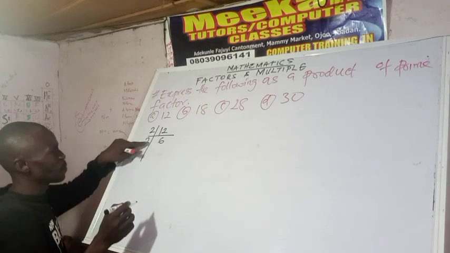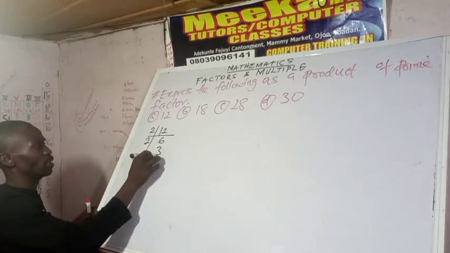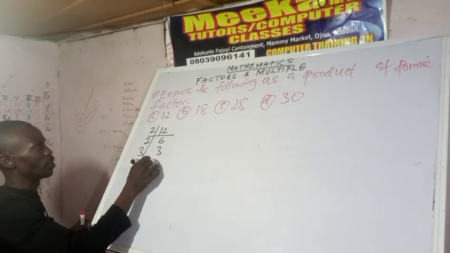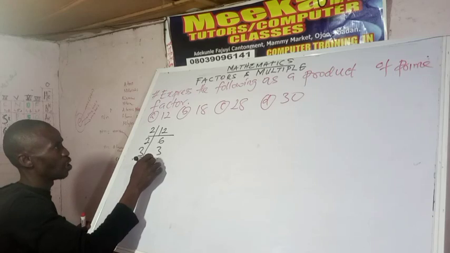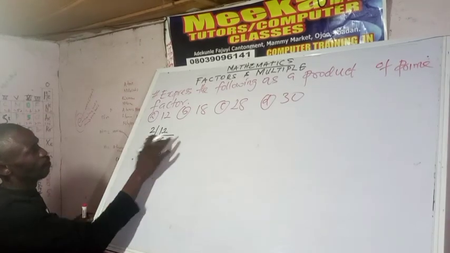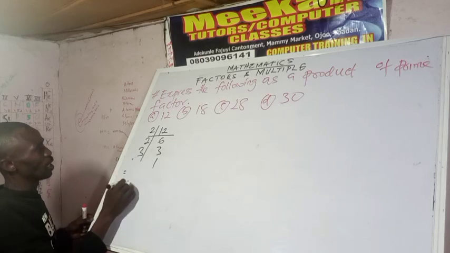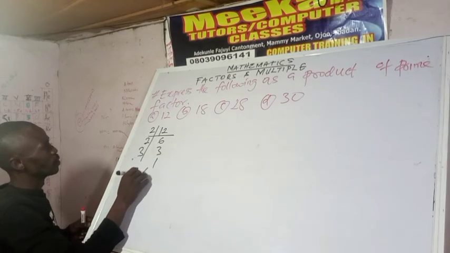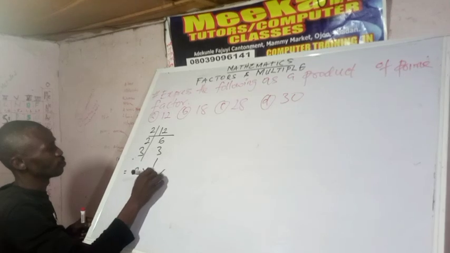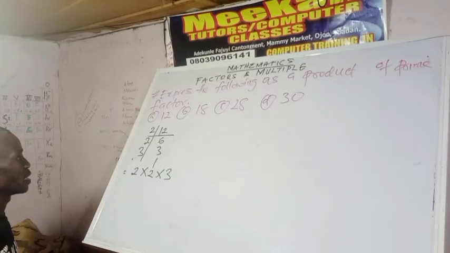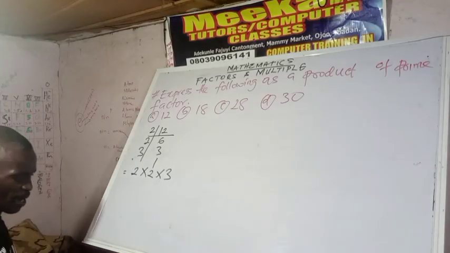All the ones you use are prime numbers. 2 here, what do you have? 3. 3 here, I have 1. So, what do we have here? We have 2 times 2 times 3. 2 times 2 times 3 expresses it as the product of prime factors.